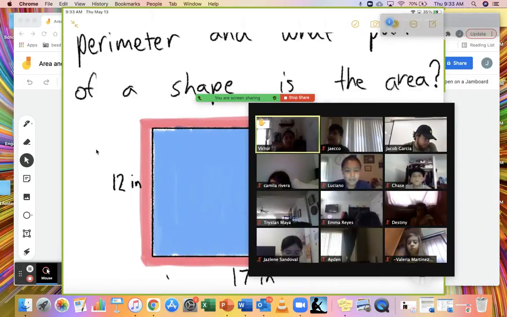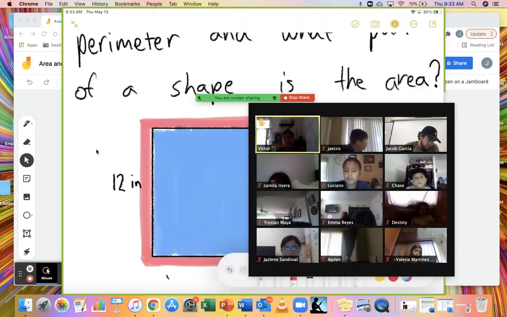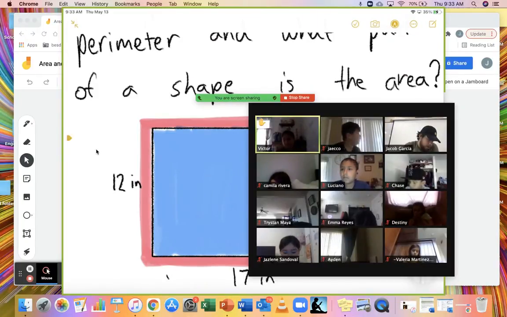The perimeter of the rectangle is 34. No, not 34, 38. Yeah. Okay, 38 for the perimeter. And how did you get that?